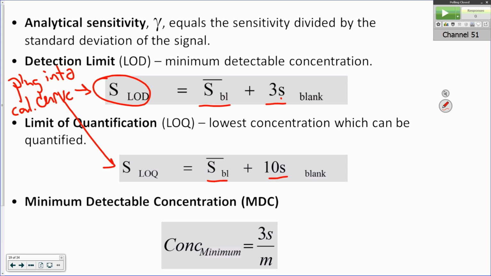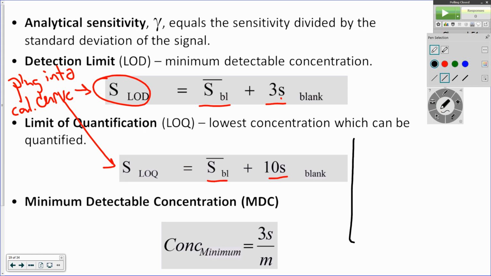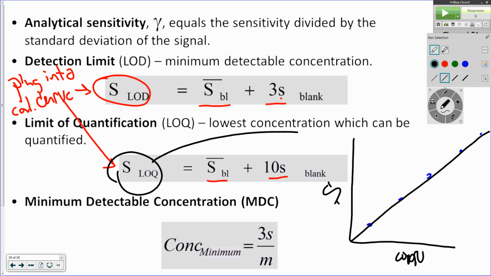So you've got some type of calibration curve that you've generated for this method of analysis, with concentration and signal. You've run these standards, you get a linear regression, and you find out what this signal LOQ is, the limit of quantification.